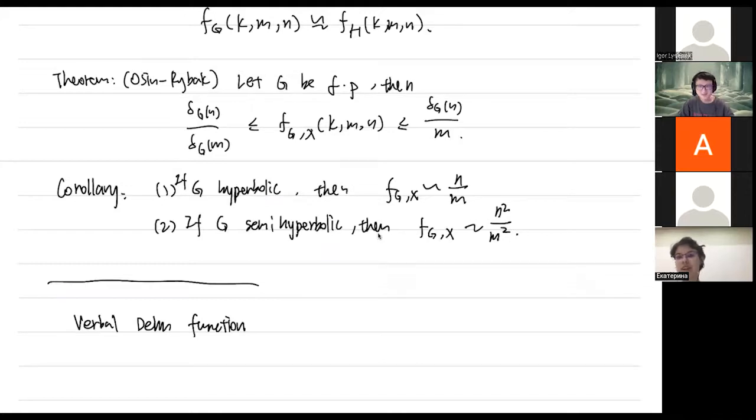For some abelian groups, it is quadratic, n squared over m squared. For free abelian groups, I guess it's quadratic. Okay, n over m squared, but I don't know for any abelian group. So we don't know, of course. Okay, thank you.